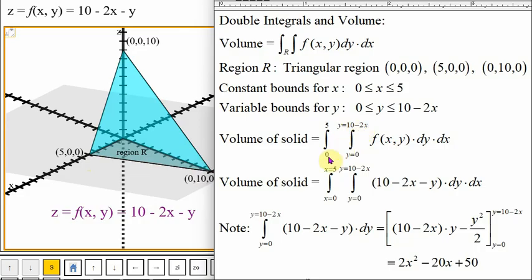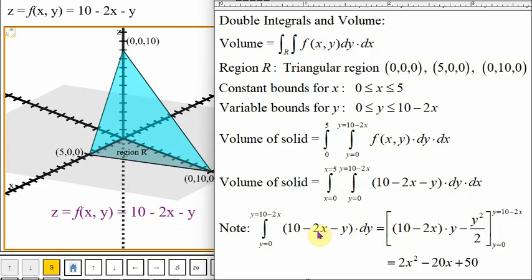And so the outside integral will be from x equal to 0 to x equal to 5, and the inside integral will be from y equal to 0 to the line y equal to 10 minus 2x. The height function, which is this plane, is z equal to 10 minus 2x minus y. First, we integrate the inside integral.